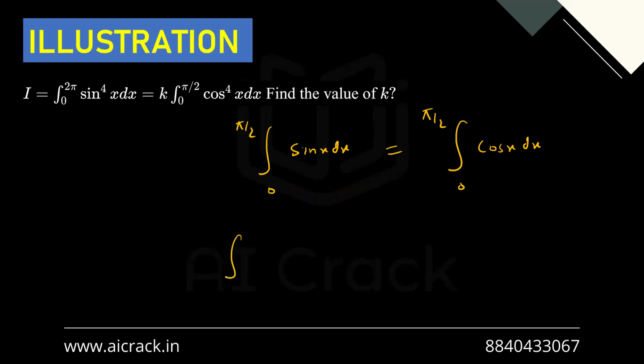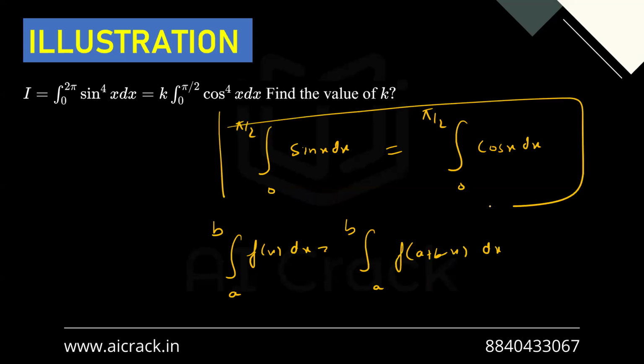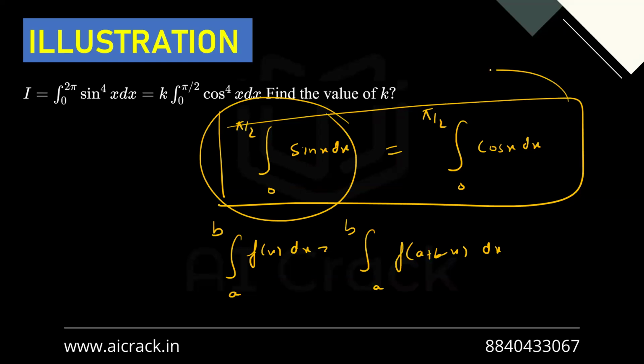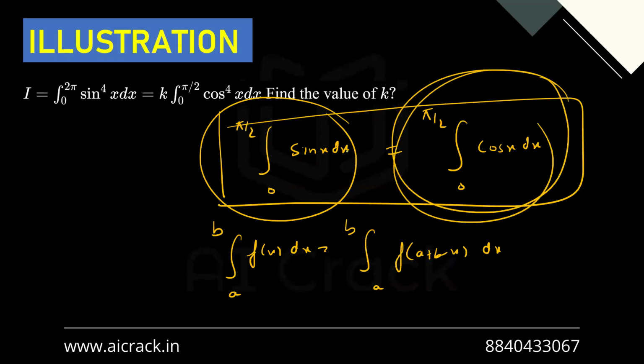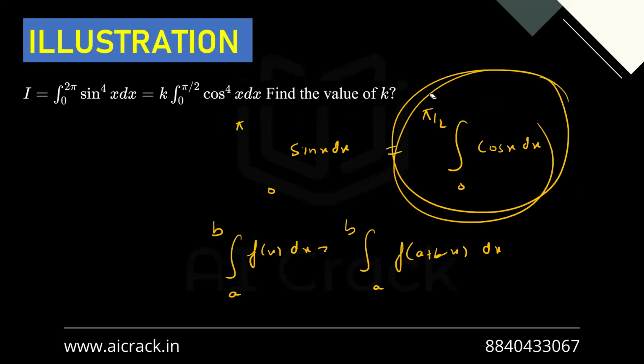Why? Because if you use the property integral a to b f(x) dx equals integral a to b f(a plus b minus x), you can see that these two are equal. So if this has been asked, you have to assume this also, and vice versa.